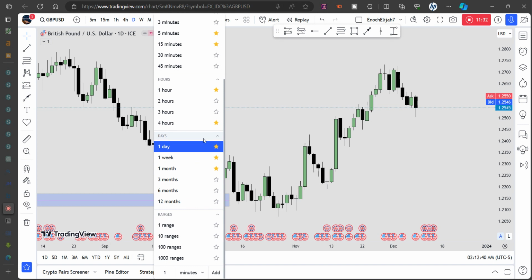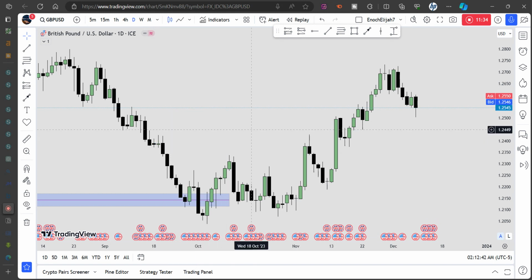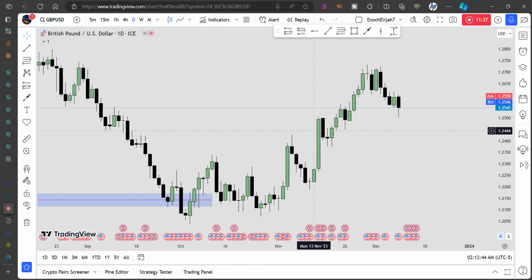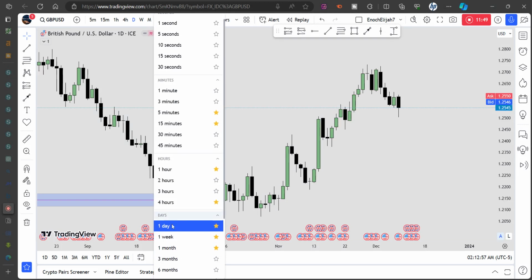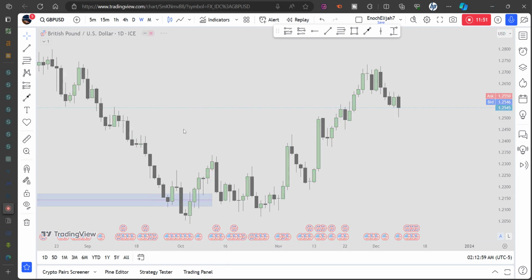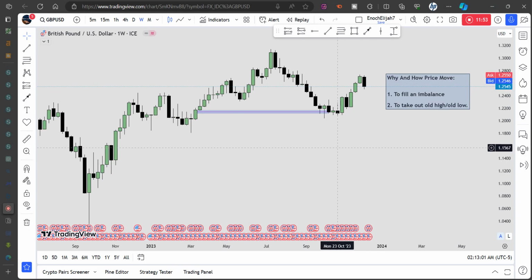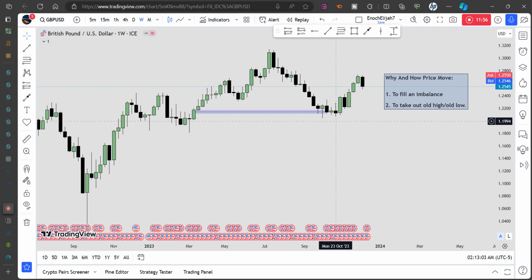Now, if you click on, let's say, 1 day, it means that each of these candles you see on your chart takes 24 hours for the market to print a single candle. If you click on 1 week, it means that each of these candles takes a whole week to be fully completed and printed on your chart.